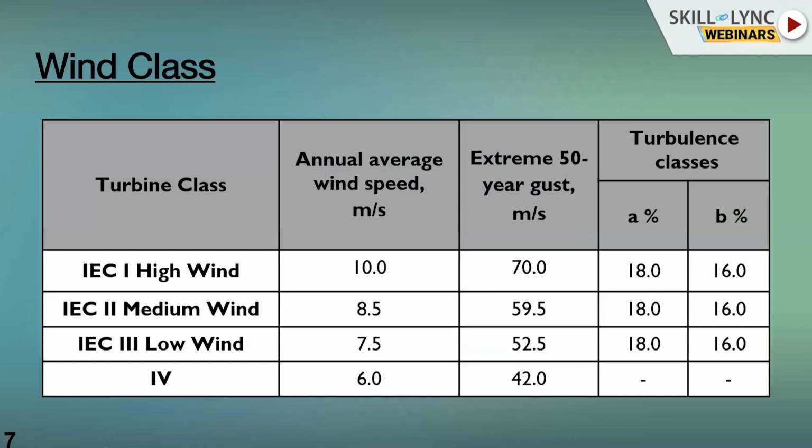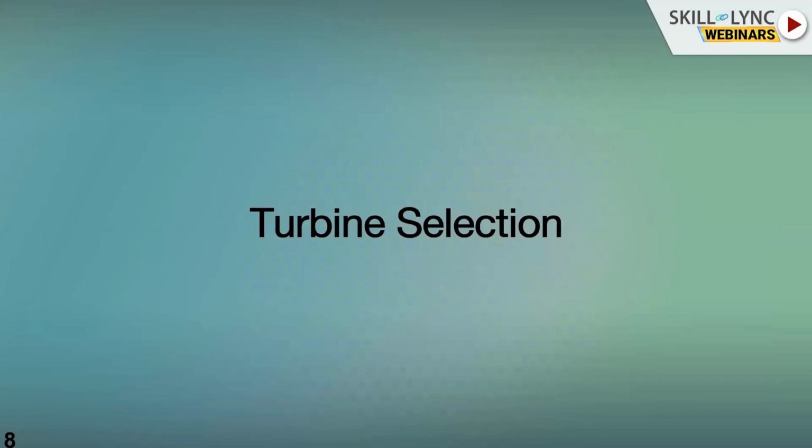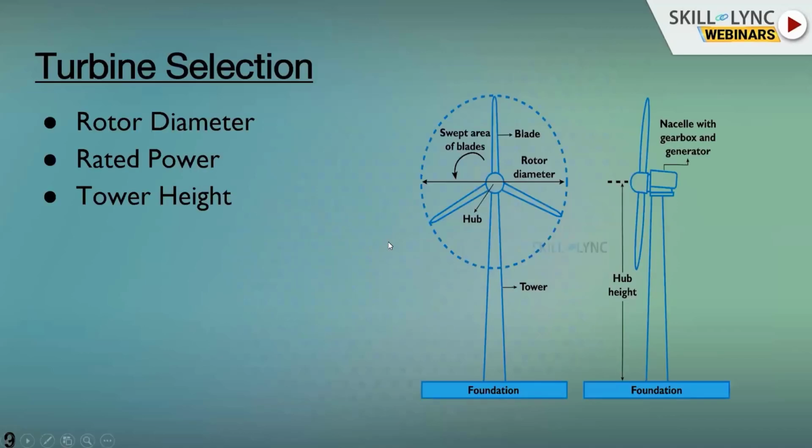So we got the land, now we put up the mast and analyze the wind class. Based on the wind class, we have to select the turbine. Turbine selection is based on the available wind class. While designing the wind turbine, the designer specifies the rotor diameter, the rated power, and the tower height they are offering to the customer.